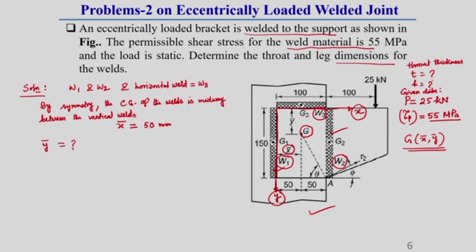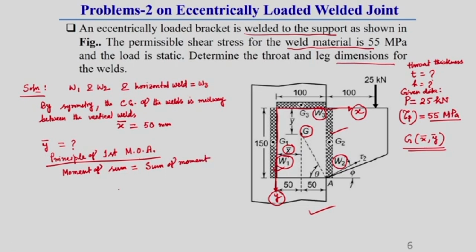For finding y bar, we have to use the principle of first moment of area. What does it tell? Moment of sum equals sum of moments. Keep this in mind.